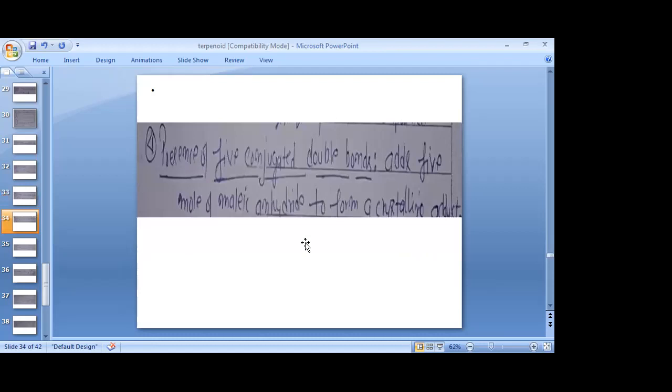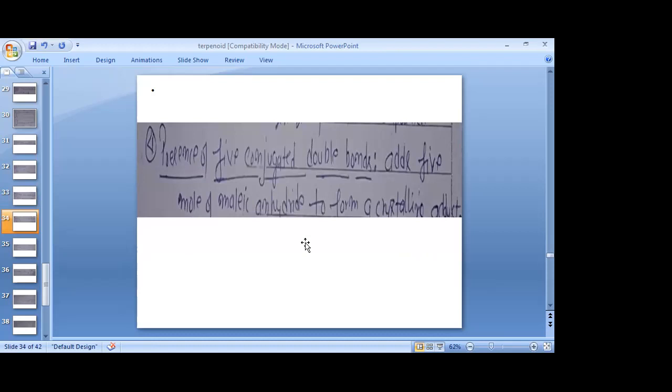Now the next point of discussion is related to conjugated double bonds. There are 11 double bonds, but the point is whether they are conjugated double bonds or simple double bonds. Actually, 5 conjugated double bonds exist in beta carotene. How do we confirm that?